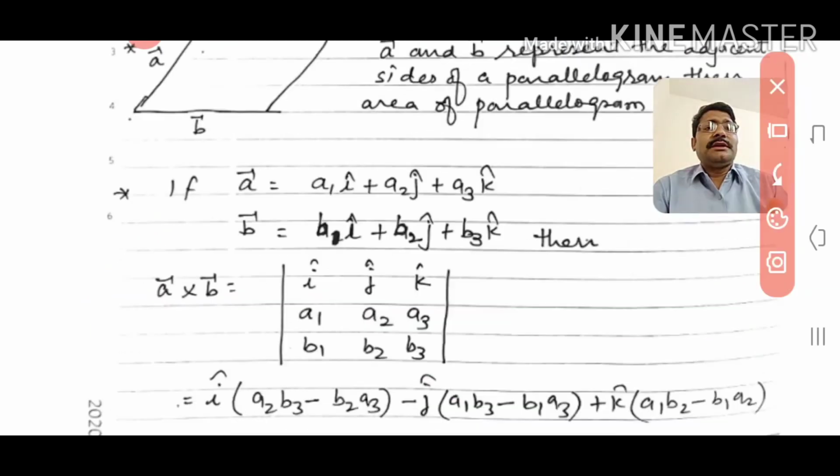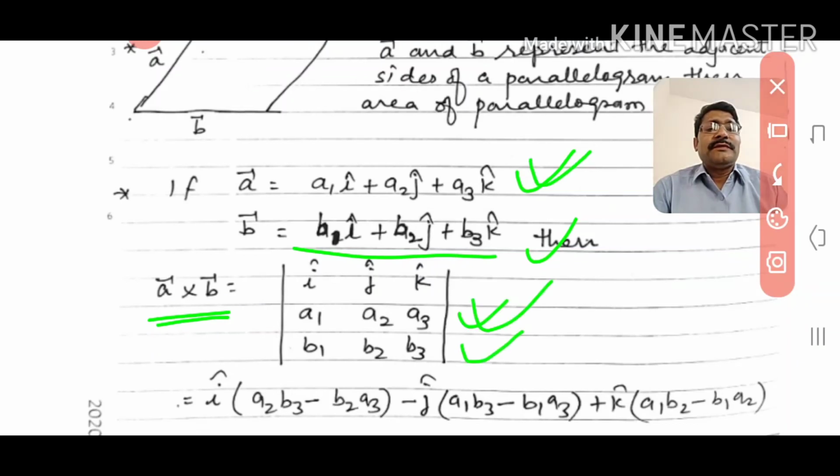And look here, if A is given as a1 i plus a2 j plus a3 k, and B is given as b1 i plus b2 j plus b3 k, then you have to find A cross B. How can we find it? Write i, j, k in the first row, a1 a2 a3 in the second row, and b1 b2 b3 in the third row.